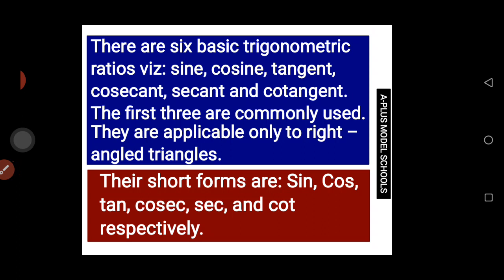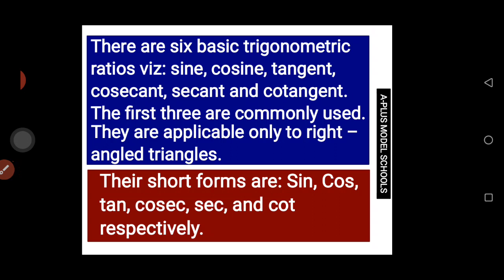Now let's move to the basic trigonometric ratios, which I've told you that we have three. Here I'm adding three more to these basic trig ratios. The remaining three that were added are the inverses, or let me say they are reciprocals of the main three trigonometric ratios. So the reciprocal of sine is cosecant, and the reciprocal of cosine is secant.